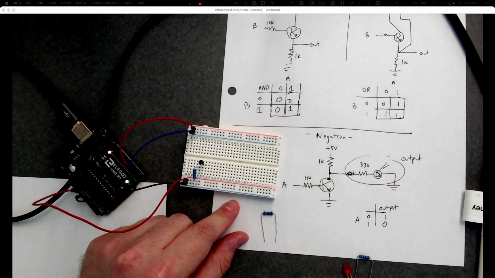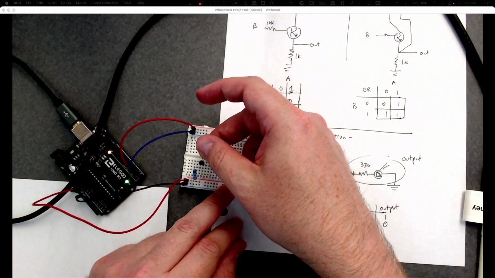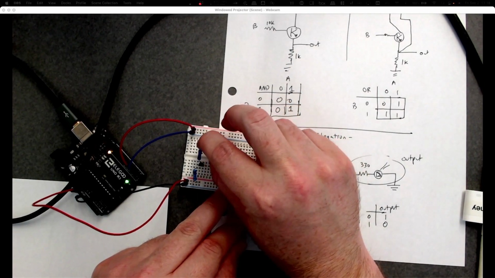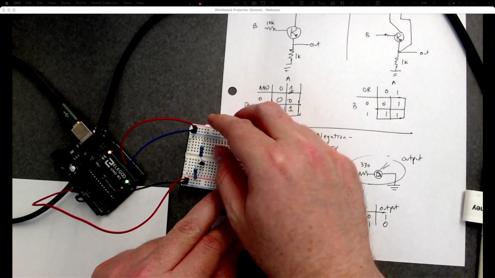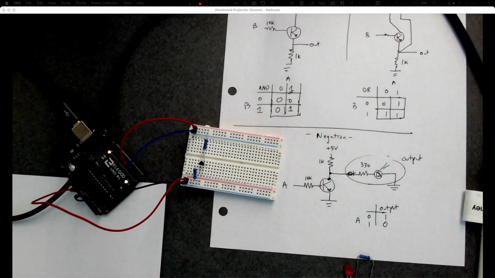My 10K. Okay, and where do I want to connect my 10K to? So the transistor at one end and what on the other? Either pin 2 or pin 4, it doesn't matter. Okay? Okay, so we got that?